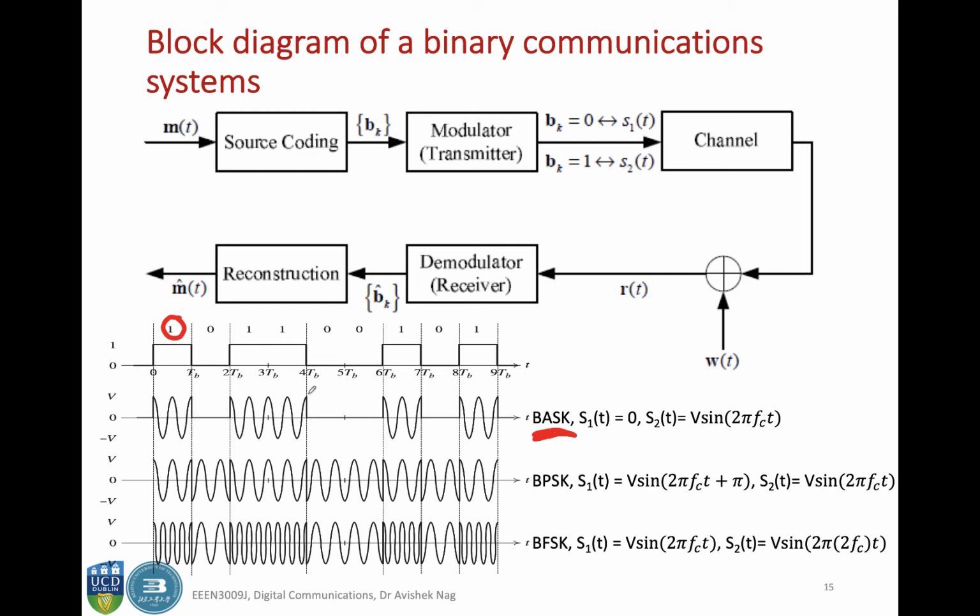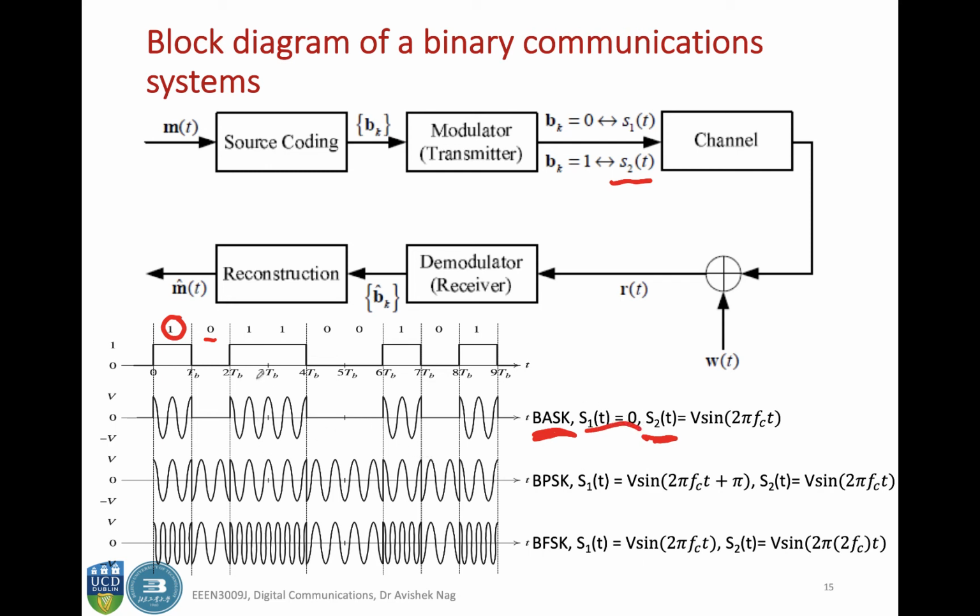So this essentially means that whenever we have a 1, we are mapping S2(t) according to this rule, and S2(t) in this particular example of BASK is a sinusoidal wave V sin(2π f_c t). So this is a sinusoid within 0 to T_B when we have a 1. Again, when we have a 0, we have nothing. So that means we are sending essentially a signal 0. So S1(t) is 0 in this case.